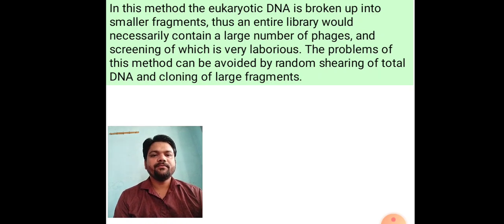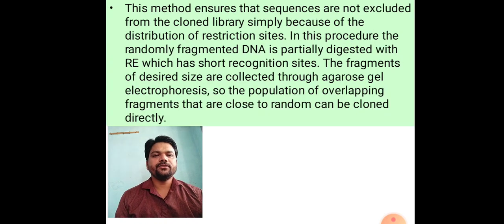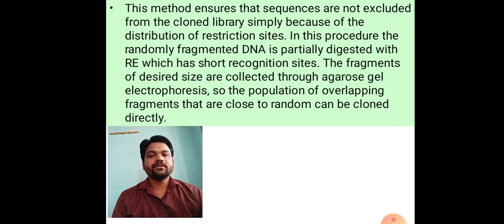The problems of this method can be avoided by random shearing of total DNA and cloning of large fragments. These methods ensure that sequences are not excluded from the clone library simply because of the distribution of restriction sites.